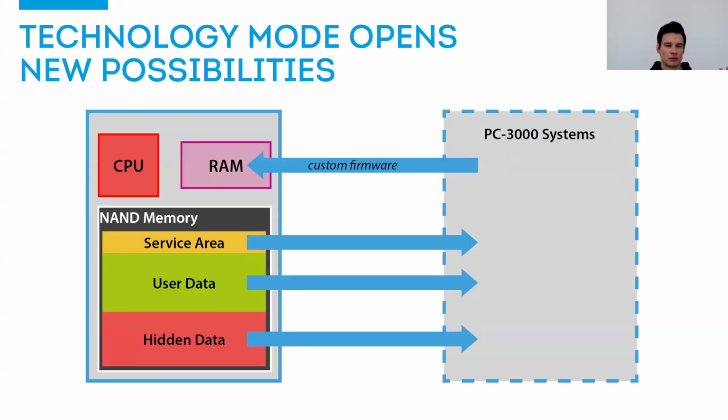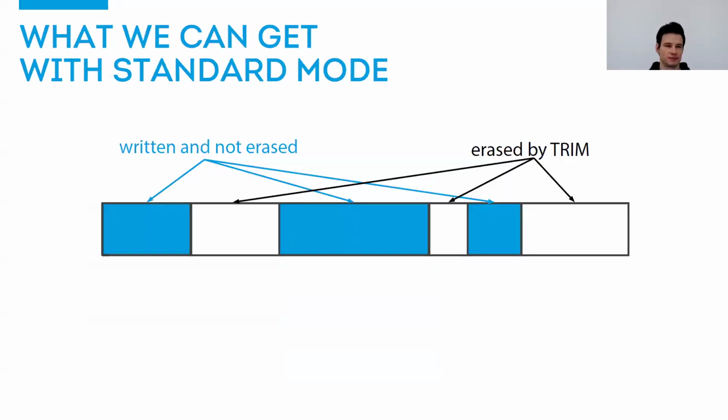So by default, you are able to work only with the user data through the operating system, but technological mode opens new possibilities for you, because with the help of PC3000 systems, you can work not only with the user data, but you can work with the service area, and you can even get access to the hidden data, which can help you to communicate with the RAM, to communicate with the CPU, upload custom firmware, and get access to the data that may look like deleted previously.